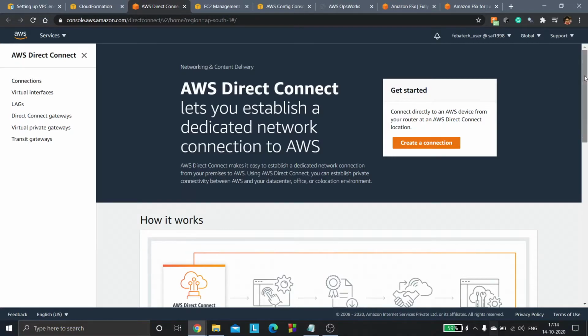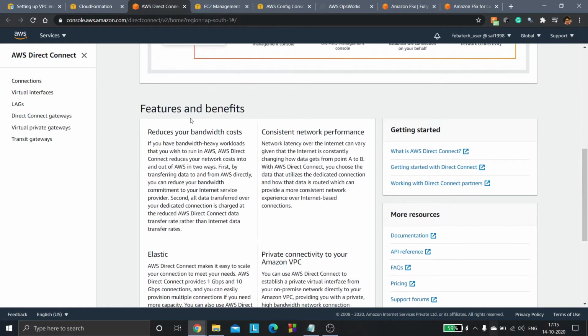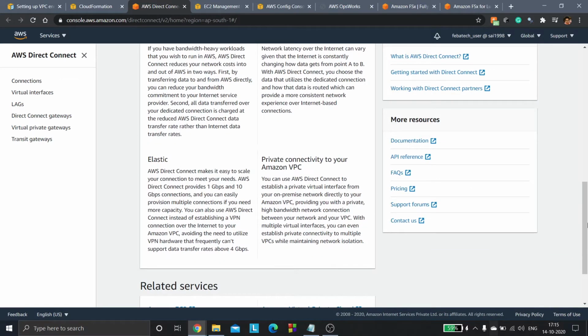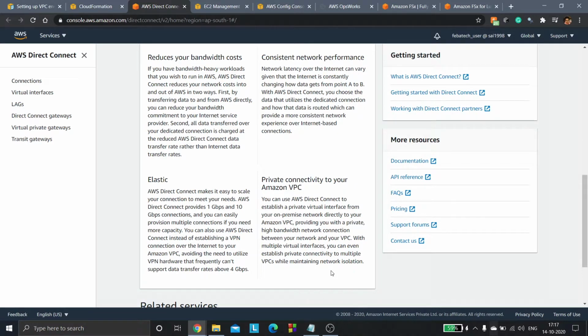The features and benefits of this service are that it reduces your bandwidth costs because you will be charged at reduced AWS Direct Connect data transfer rates, and you would have consistent network performance, and it's elastic, and you can easily provision multiple connections if you need more capacity. With multiple virtual interfaces, you can even establish private connectivity to multiple VPCs while maintaining network isolation.